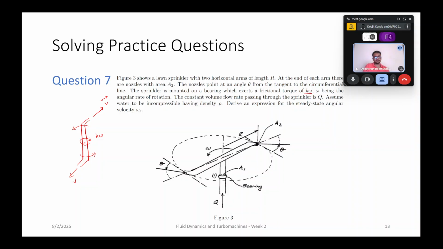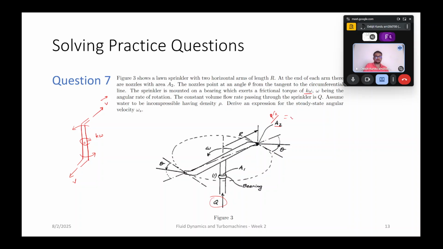There is no acceleration or deceleration as such. So in this question, we are given what the volume flow rate Q is. So there's a volume flow rate coming in. We know the area of the outlet of the nozzles. So Q divided by that area, Q by 2, since it splits into two nozzles.